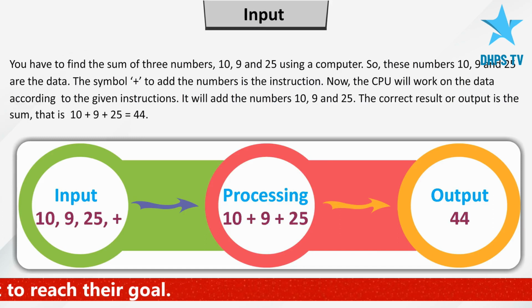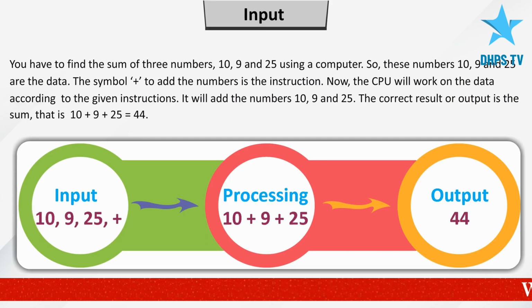Now, the CPU will work on the data according to the given instructions. It will add the numbers 10, 9 and 25. The correct result or output is the sum, that is 10 plus 9 plus 25 is equal to 44.